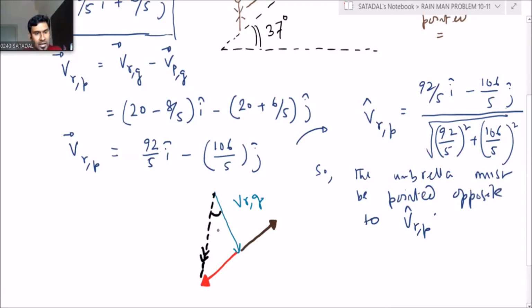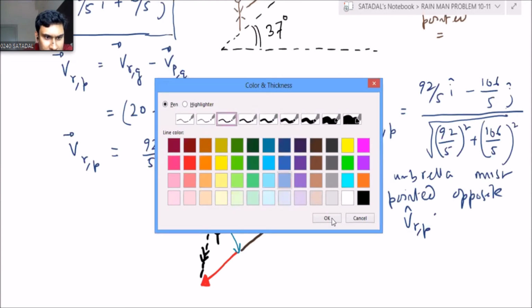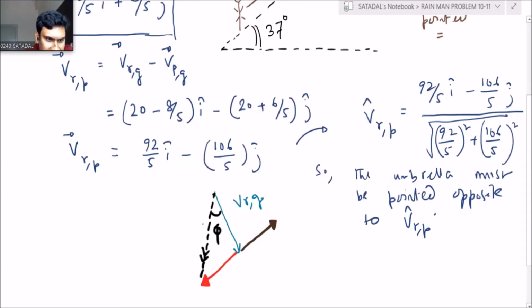And this angle, if it is phi, then I can write this one is basically velocity of rain with respect to person, cap. Umbrella must be in this direction, that is minus of VR cap.